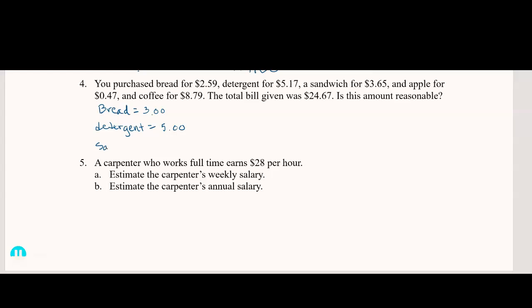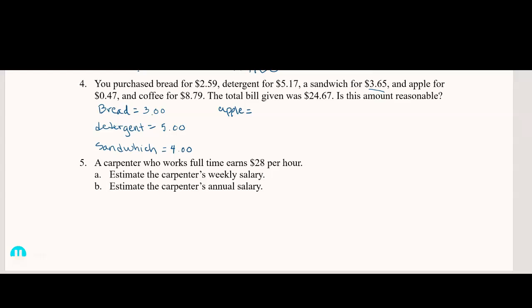Then we had a sandwich. Oops, which I did not even spell correctly, so just ignore that. The sandwich would round to $4 because it's $3.65. Again, we're rounding to the nearest dollar for simplicity. Then we had an apple.